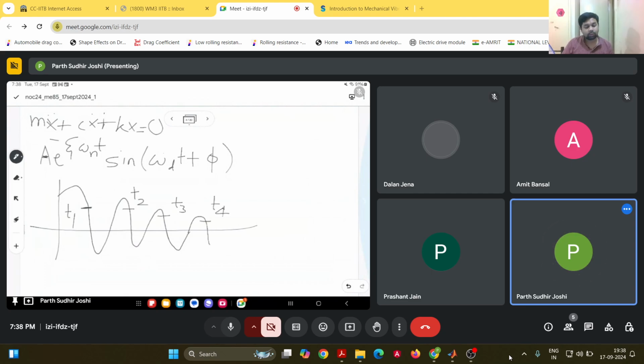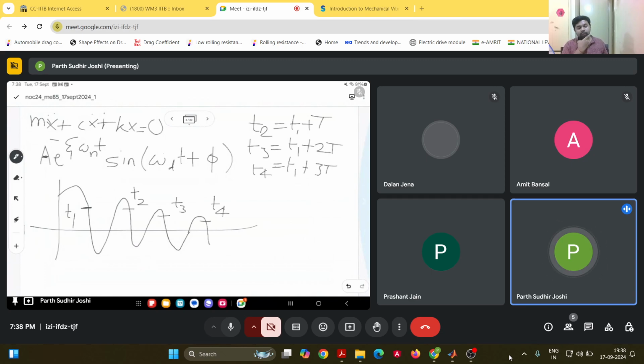So t2 is t1 plus the time period, t3 is t1 plus two time periods, and t4 is t1 plus three time periods. Three cycles, that's why three time periods.